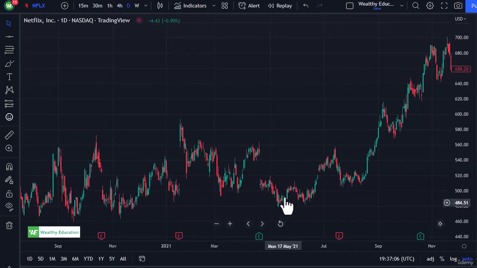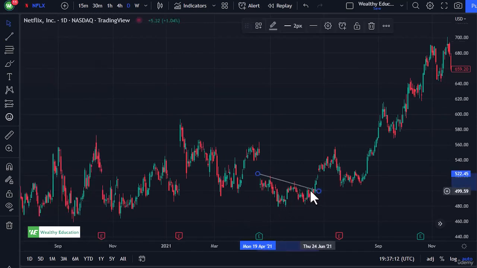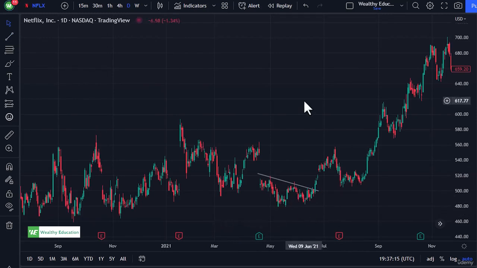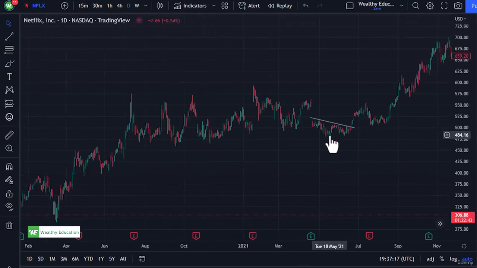We made a low, made an even lower low, I should say, but failed to make a continuation pattern. And that kicked off this move. Pretty straightforward. We filled the gap. That's another thing, too. A lot of times these gaps, although they offer resistance, they do get filled. And that's exactly what this and that gap told you. It was an earnings miss, evidently, which is pretty common with stocks.